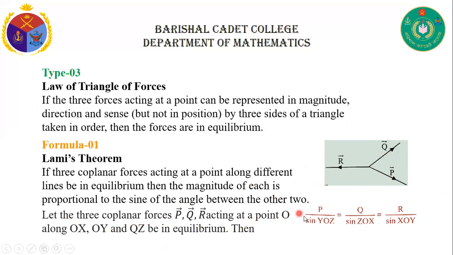Then we can say P divided by sine YOZ equals Q divided by sine ZOX equals R divided by sine XOY. That is the sine of the angle between the other two.